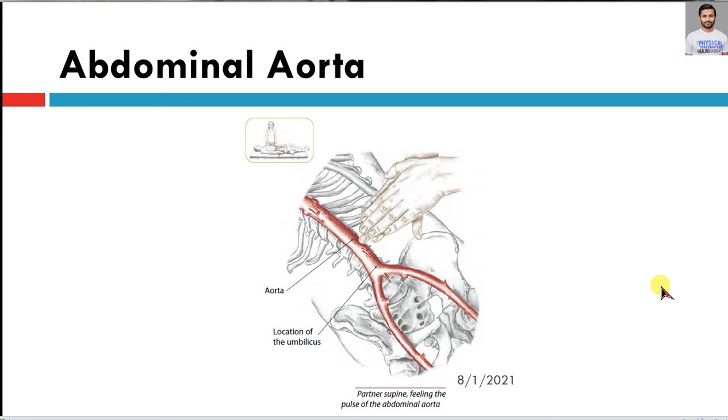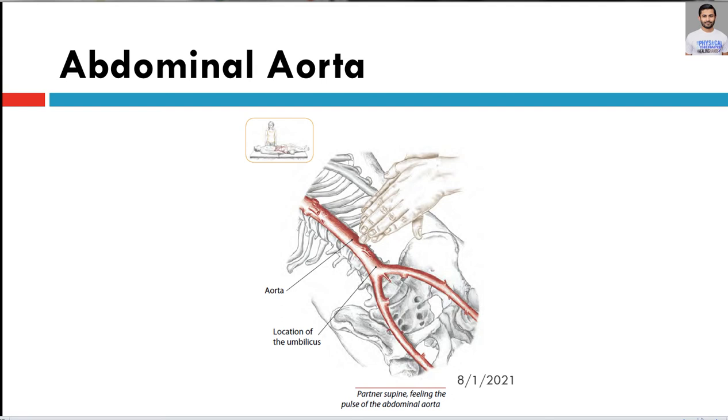Then the abdominal aorta must be directly underneath, or at least within about 2 inches of the umbilicus. So if you place your finger or thumb onto the umbilicus, it should be within that 2 inch area around the umbilicus, and it lies deep.